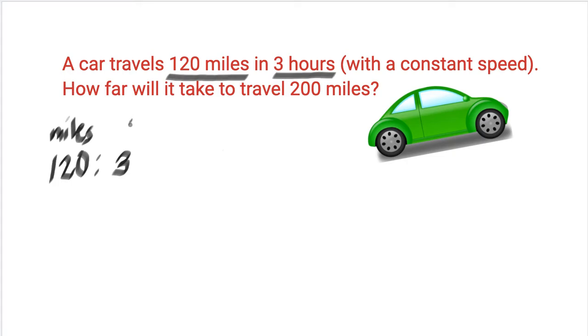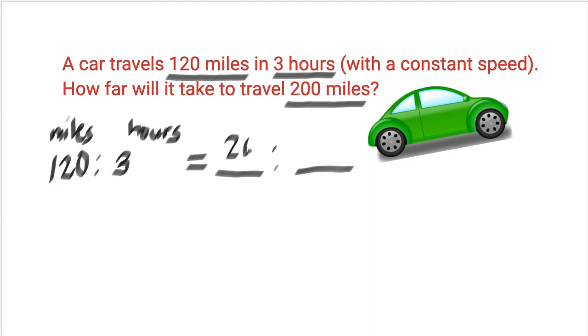We need to be very particular in putting the terms, 120 miles and 3 hours, in order. Now, how long will it take to travel 200 miles? Since this is 200 miles, where will you put that one? Will it be in the first or second? Miles, hours, should be the same also. So that 200 will be put here.